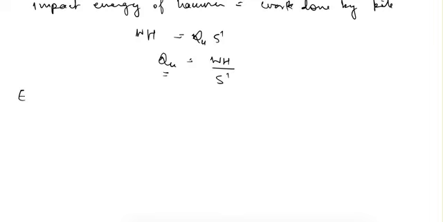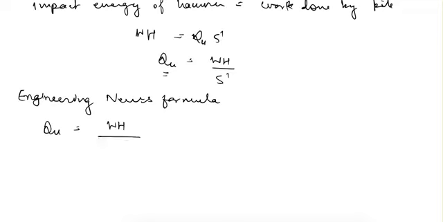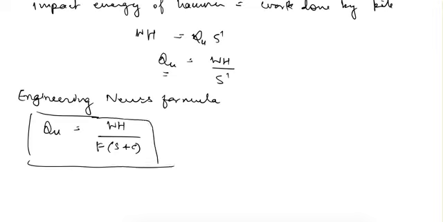First let's see the Engineering News formula. According to this formula, QU is equal to WH upon F times (S plus C). Now here, S dash is equal to S plus C, where S dash is the theoretical set per blow.